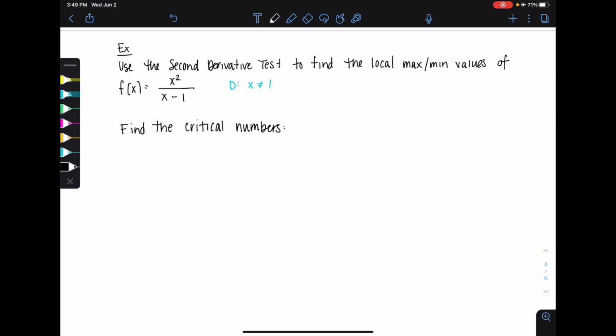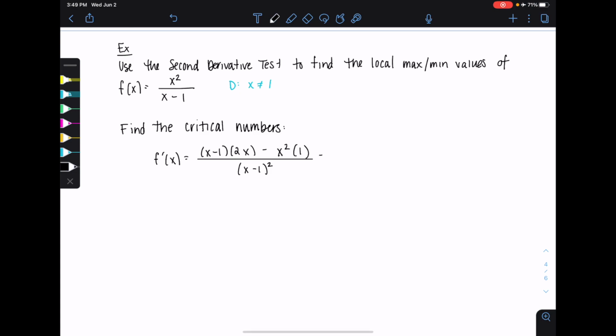So that's going to involve us taking the first derivative. And since it's the quotient of two things, we've got to use quotient rule. So I've got to do the low function, d high, minus high, d low, all over low, low. Okay.